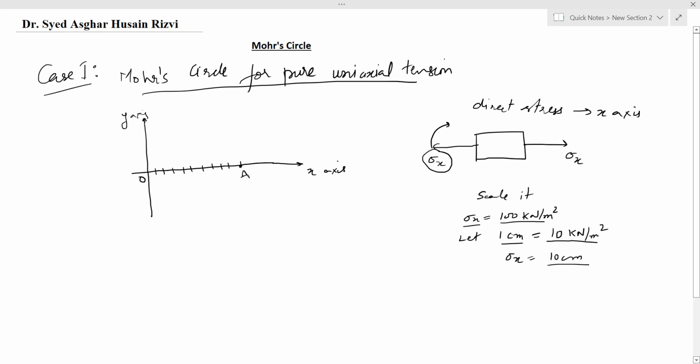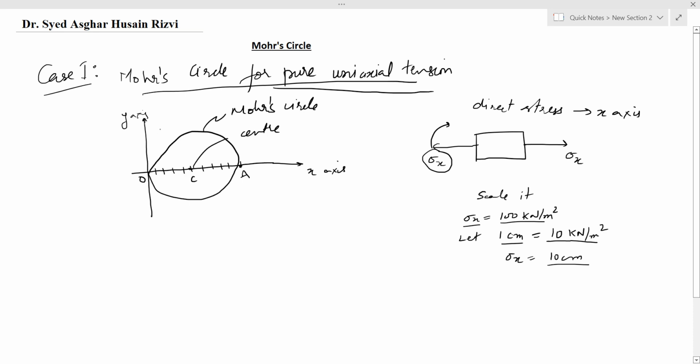We will mark this point as A. We'll take the center of this circle and mark it as C, and now we will draw a circle taking C as center. This is the Mohr circle for pure uniaxial tension. You will draw this with the help of a compass, and you will draw the line using scales and proper scale.